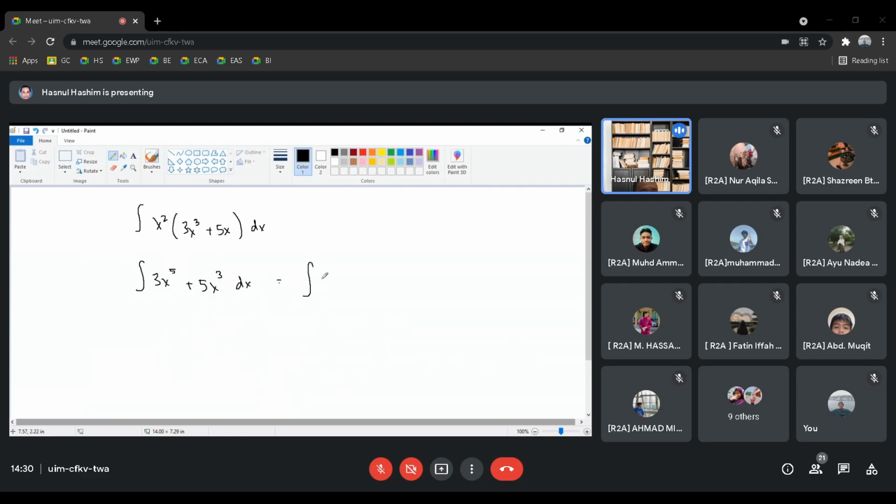So we integrate 3x to the power 5 dx plus integrate 5x cubed dx. So here we can take out the constant.